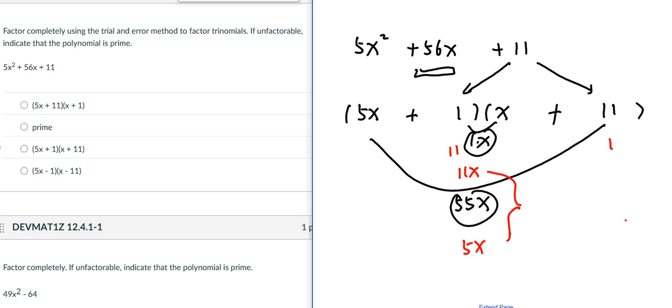Those two together, you won't get 56. What you get here is 16x. So you cannot put here 11 and here 1. And this one has to be correct. Okay. So again, the final answer is 5x plus 1 times x plus 11.